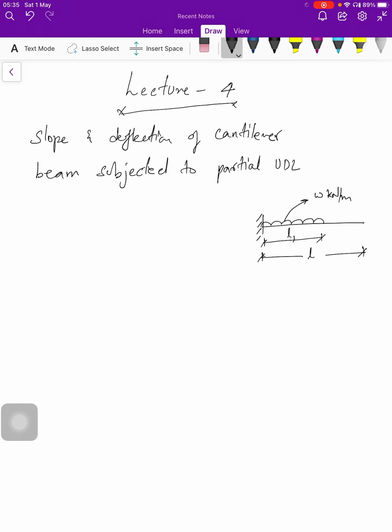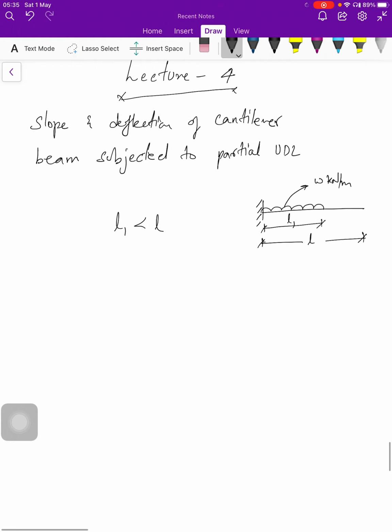Suppose this is L1. So this L1 is less than L. This is the condition in which the UDL is shorter than the span of the beam, or you have a partially loaded span. So we'll try to calculate the slope and deflection for a cantilever beam subjected to UDL.